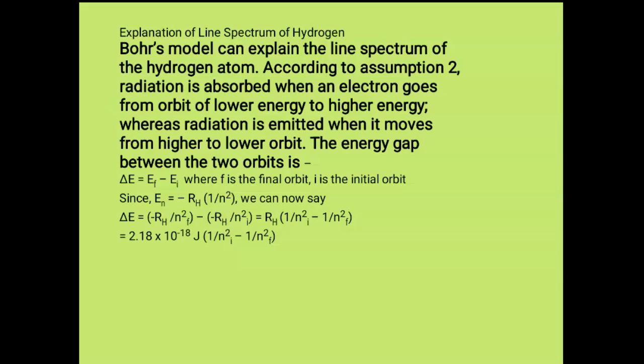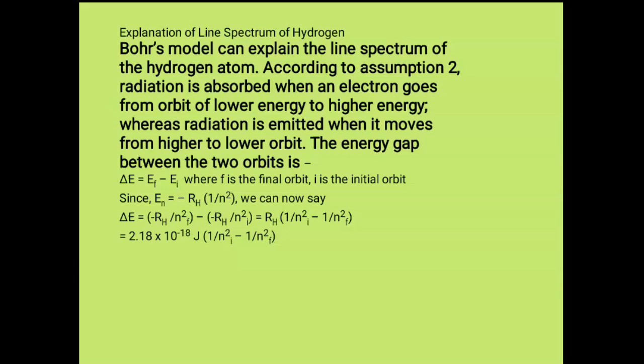Since En equals minus RH times 1 upon n square, delta E is equal to minus RH upon nf square minus (minus RH upon ni square), or simply RH times (1 upon ni square minus 1 upon nf square).